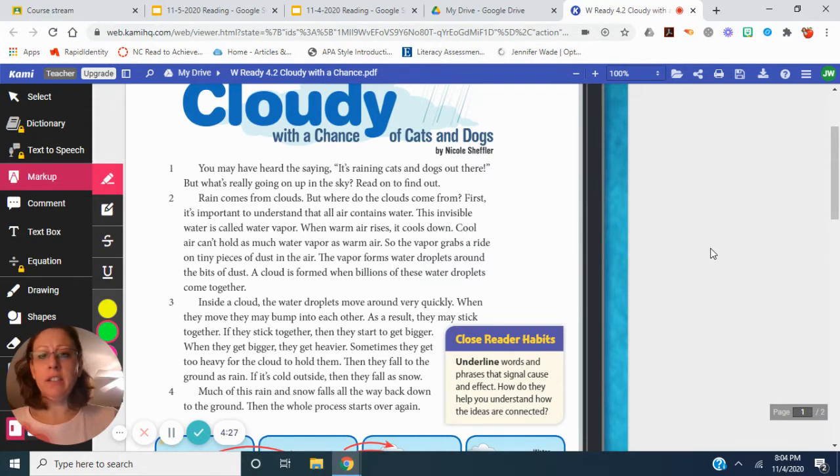Okay, my next question for you is, what is water vapor? Look back in the passage and see if you can find the definition for water vapor. You may want to write it in your notebook before you answer it in Nearpod so that you can remember.